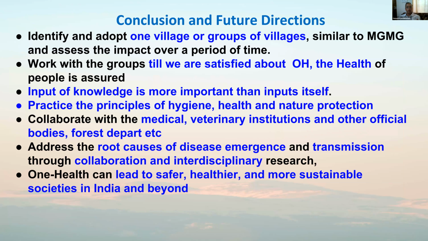All the sectors involved in One Health should work towards that village or group of villages, so that we are declaring those areas free of diseases and other health problems. So we can work till we are satisfied. If you have adopted one village, we can assure the health of the people there.